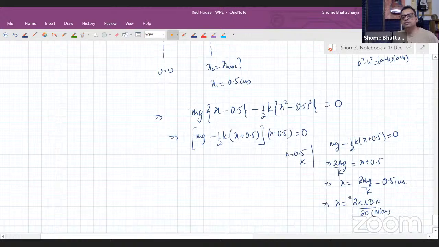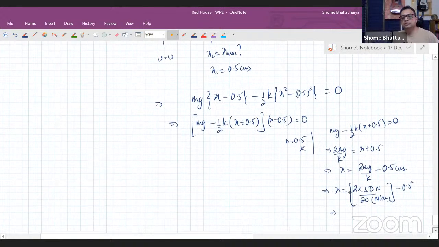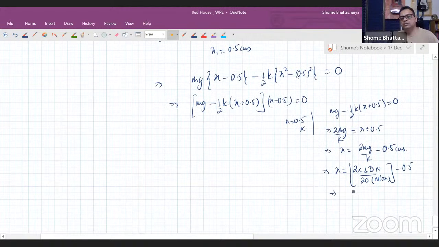We can go back to this hybrid unit system. So it becomes 5 centimeters minus 0.5 centimeters. So as expected, this x is only the maximum x. It is 4.5 centimeters.